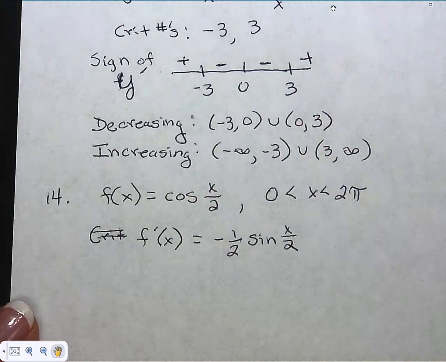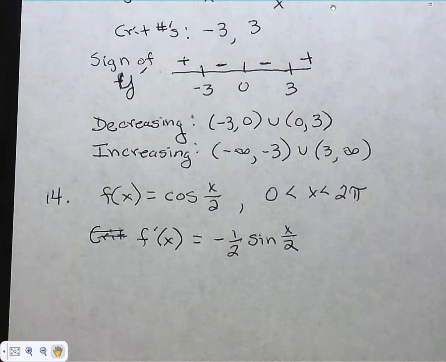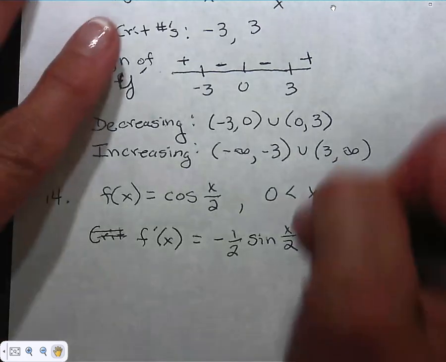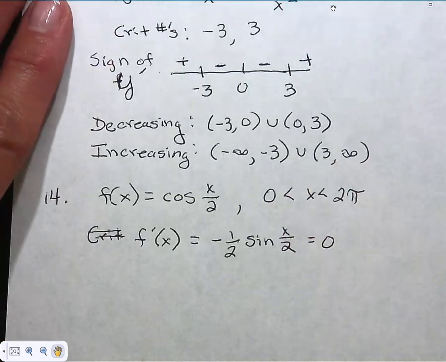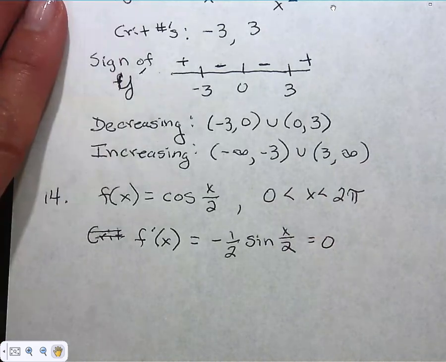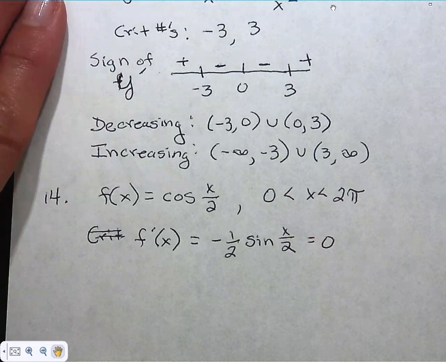And now I'm looking for the critical numbers. The critical numbers are what makes that derivative either undefined or 0. Is there anything that makes sine undefined? Nope. So we're looking for what makes it 0. How do I find that? Right off the bat, I should divide both sides by -1/2.